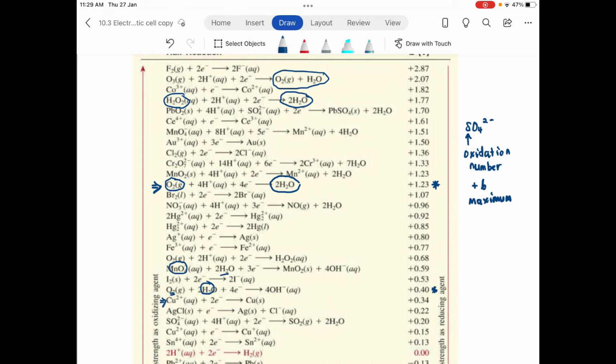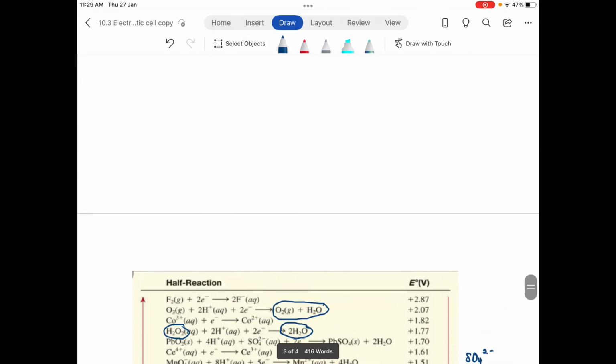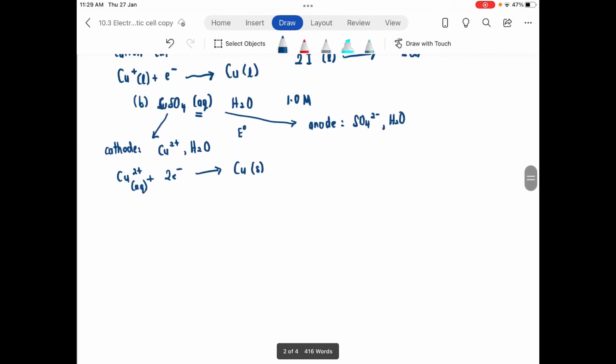Oxidation kan akan increase oxidation number. So dia dah maksimum dah positive 6. Tak boleh tambah lagi. Therefore, SO4 2- cannot undergoes oxidation. Sebab itu memang tak ada pun dalam table ni yang ada SO4 2- di sebelah kanan. Jadi automatically H2O kita akan terpilih lah sebab SO4 2- memang tak boleh undergoes oxidation.